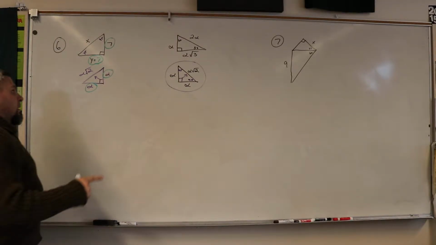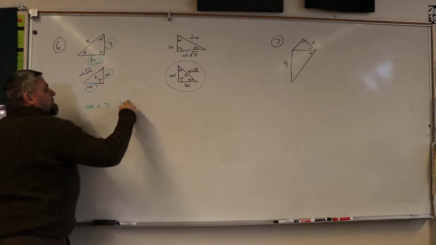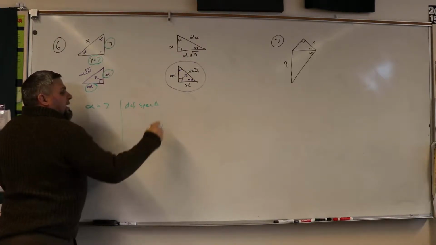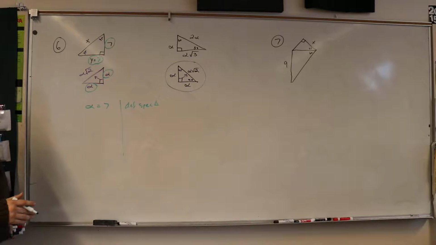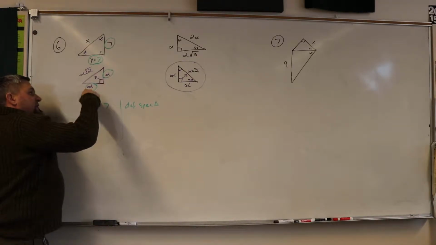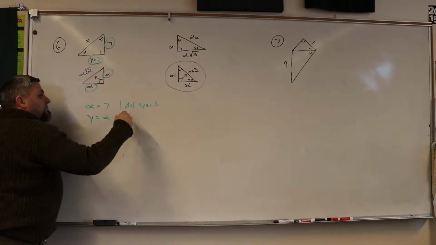Okay? Alpha is equal to 7. Definition of special triangles. And then, we know that y is equal to alpha. Definition of special triangles.